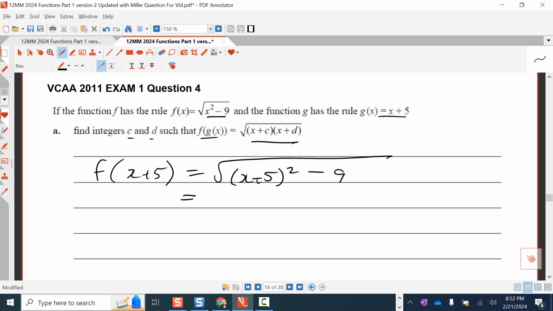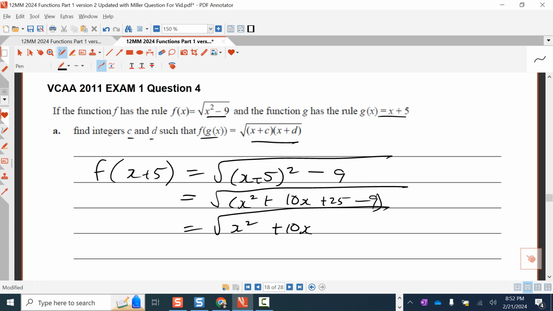So a student today in class basically did this by difference of 2 squares. But I'll stick with the way I did it, which is x squared plus 10x plus 25, take away 9. Okay, and that is x squared plus 10x plus 16.